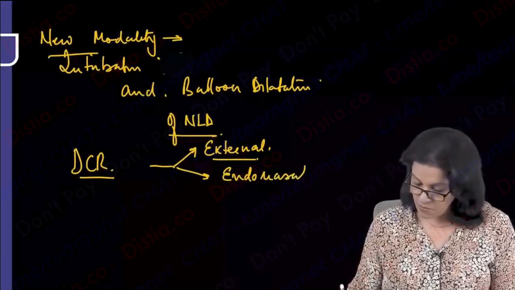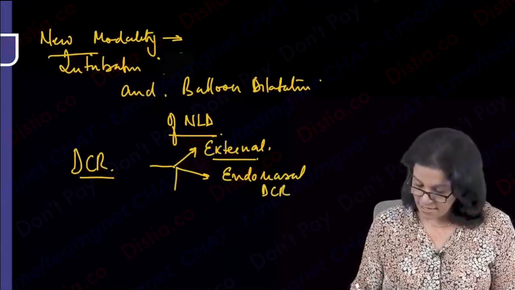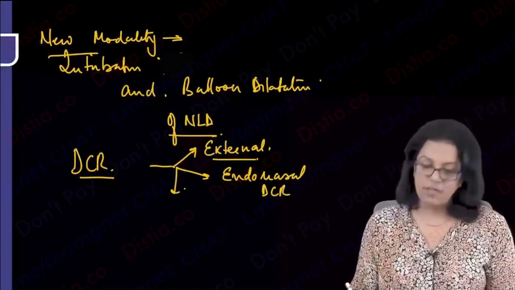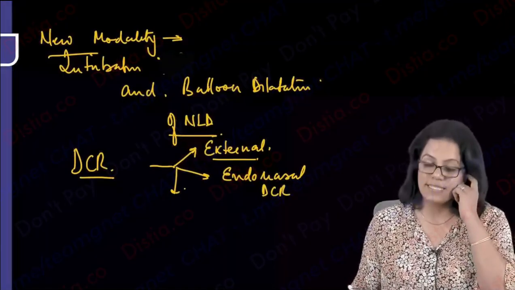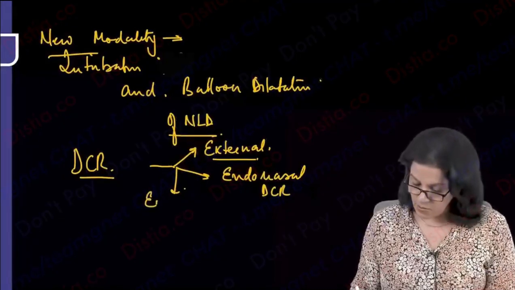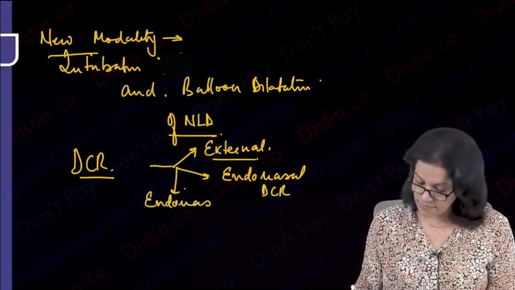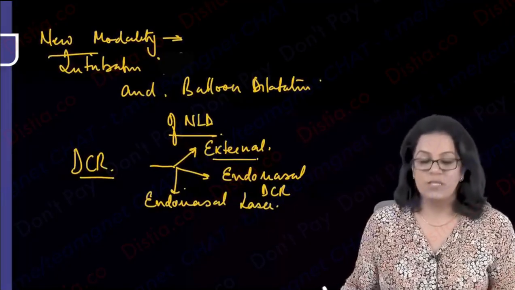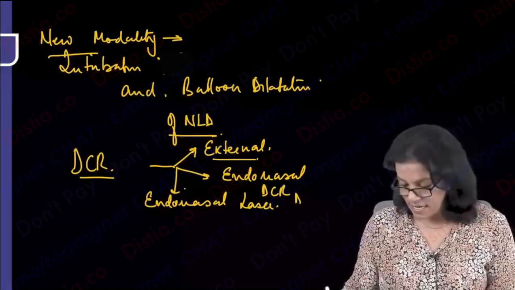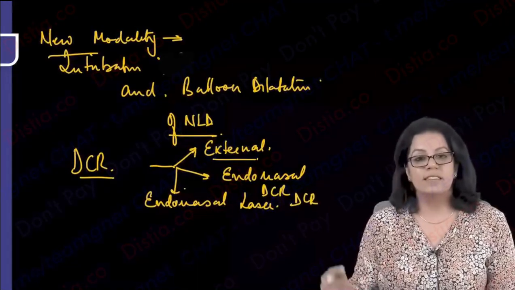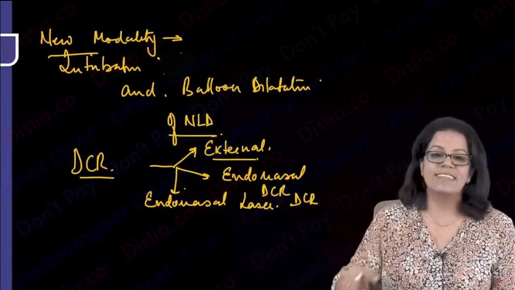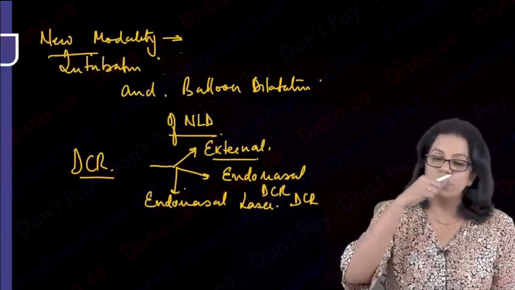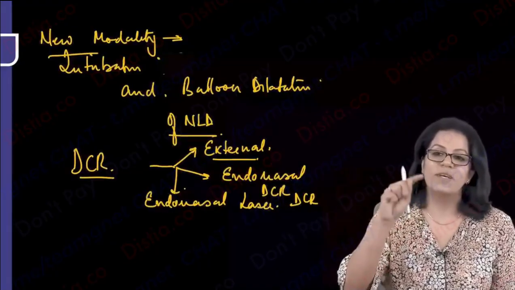Or we can go for endonasal but with laser, that is laser DCR. So this is endonasal. Through the laser I am making the opening of the ostium, that is laser DCR. And the recent one is transcanalicular laser. That means through the transcanalicular route, the laser probe is being used to make the opening, an ostium, in the bone.